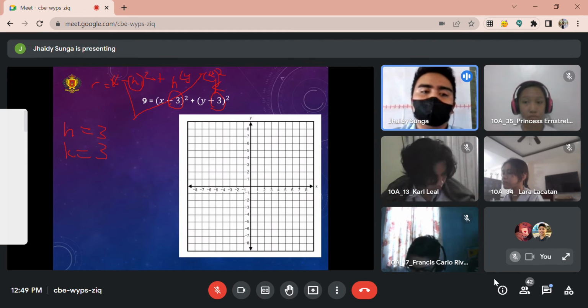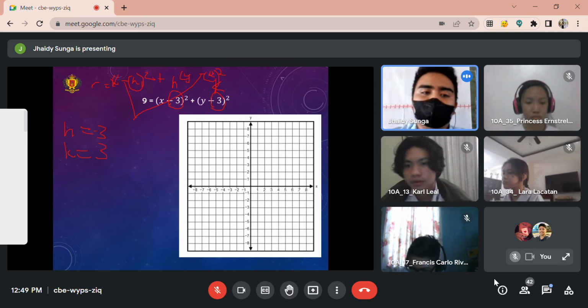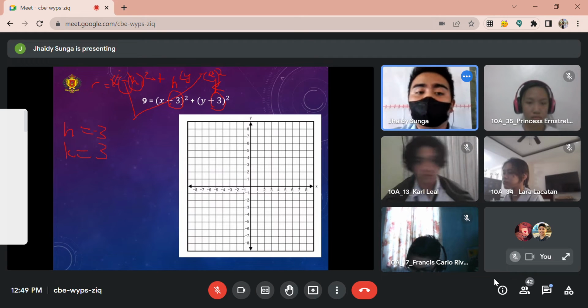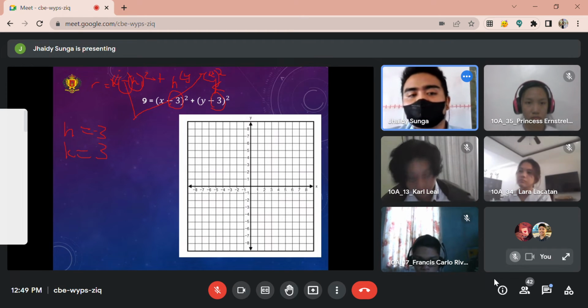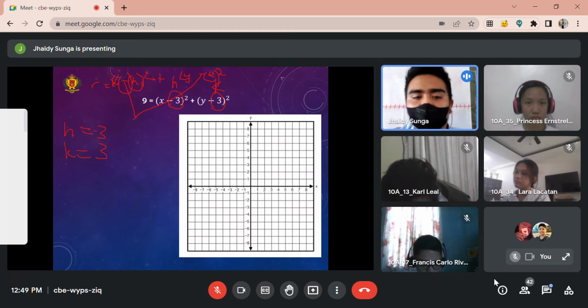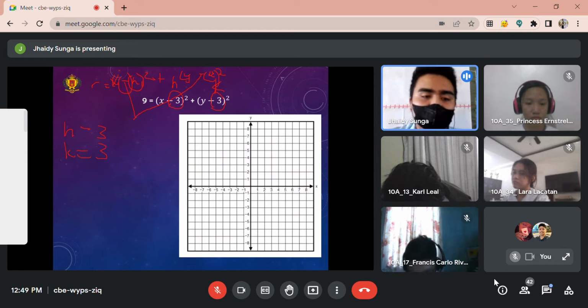For example, if our h were negative, the operation of subtraction would become addition. So if we have this h and k, both positive, we have the coordinates of the center here.